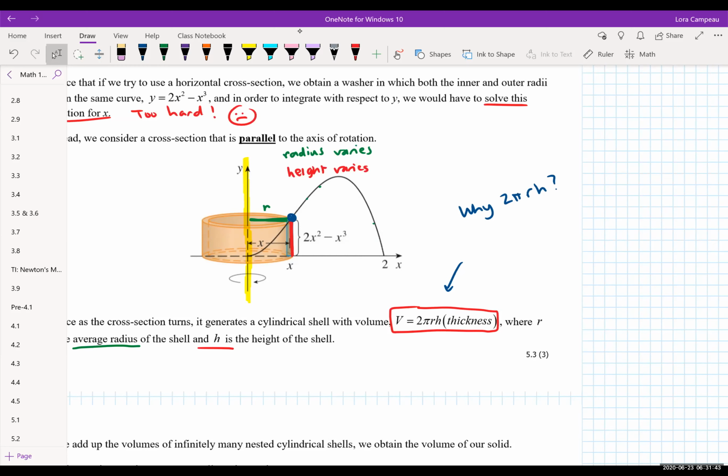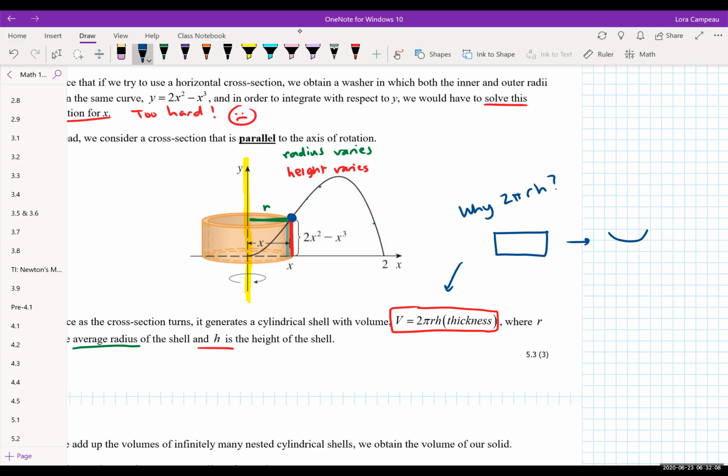What you're actually looking at is like a slice of paper that's being rotated around the y-axis. The shells are slicing up the x-axis in this case, but they're rotated about the y-axis. When we think about this, it's a piece of paper that's being rotated around.